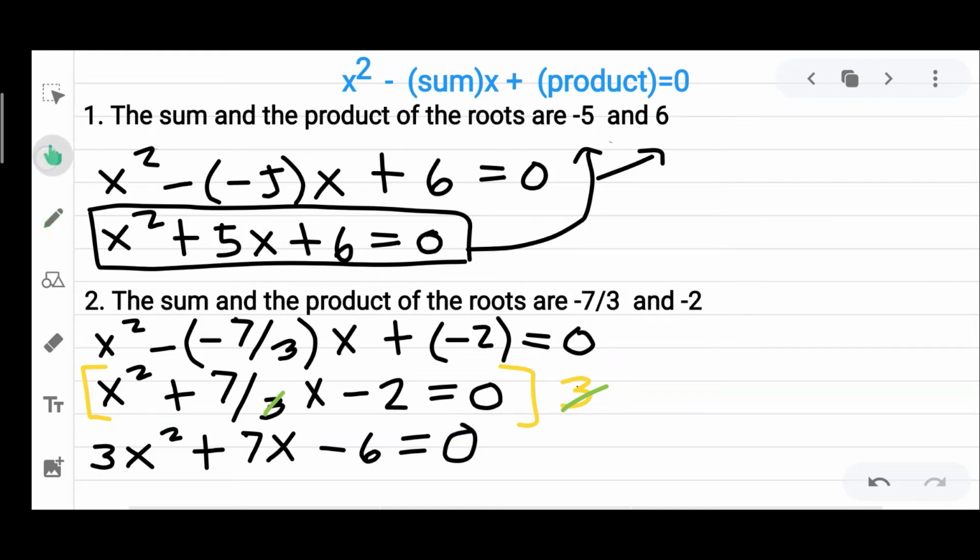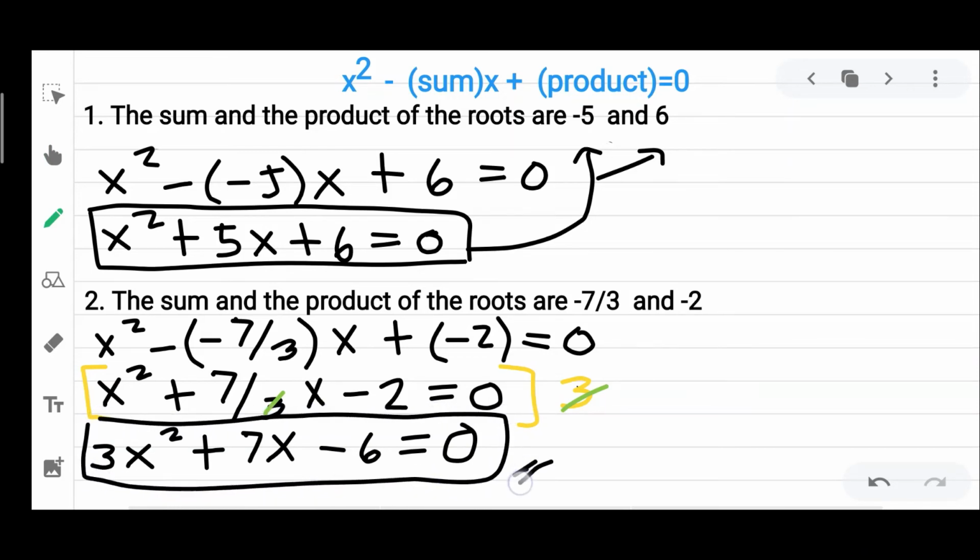Always remember na lahat ng number na minumultiply sa 0 is always equal to 0. Okay, and this is our final answer. Ito yung quadratic equation na may sum and product of the roots na negative 7 over 3 and negative 2.